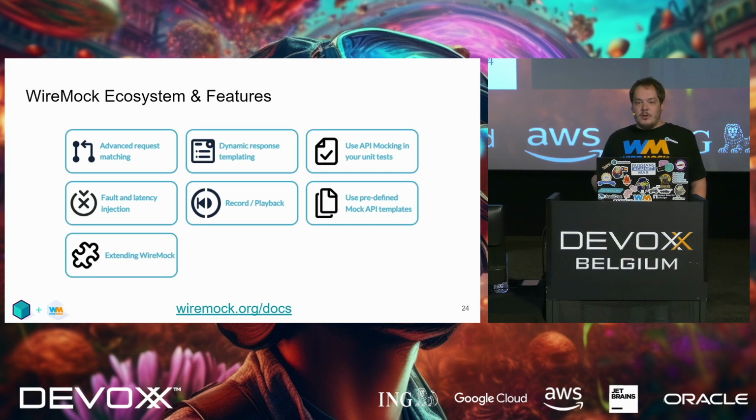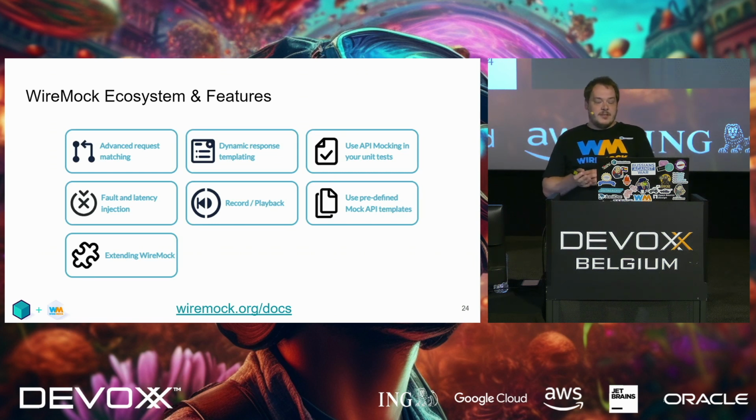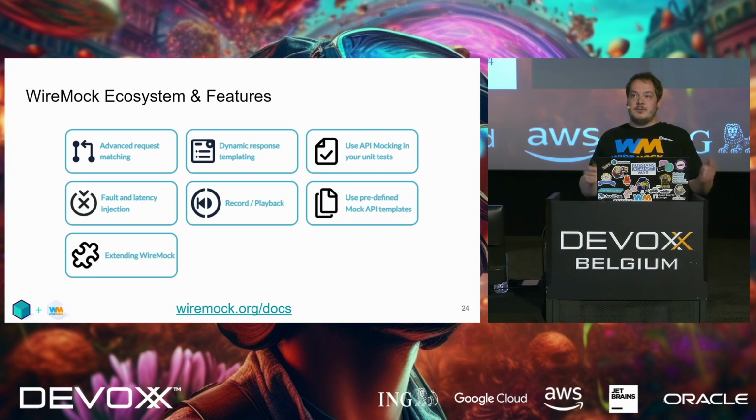But actually, WireMock is much more complex than that. There are a lot of advanced features. For example, request matching: you can do form matching, you can do JSON matching, you can apply various XPath parameters. You can also template responses, so for example, introduce variables, introduce randomization, or introduce counters if you want to emulate cursors, for example, when accessing a pagination API.